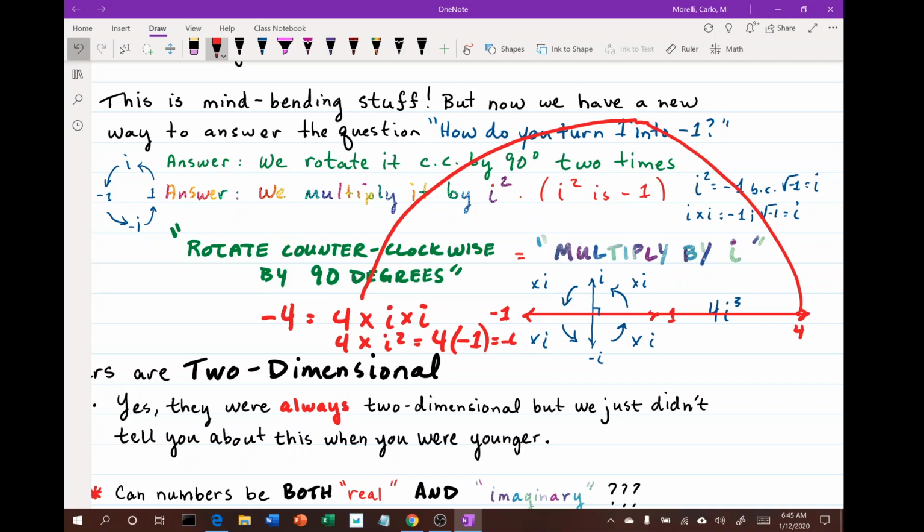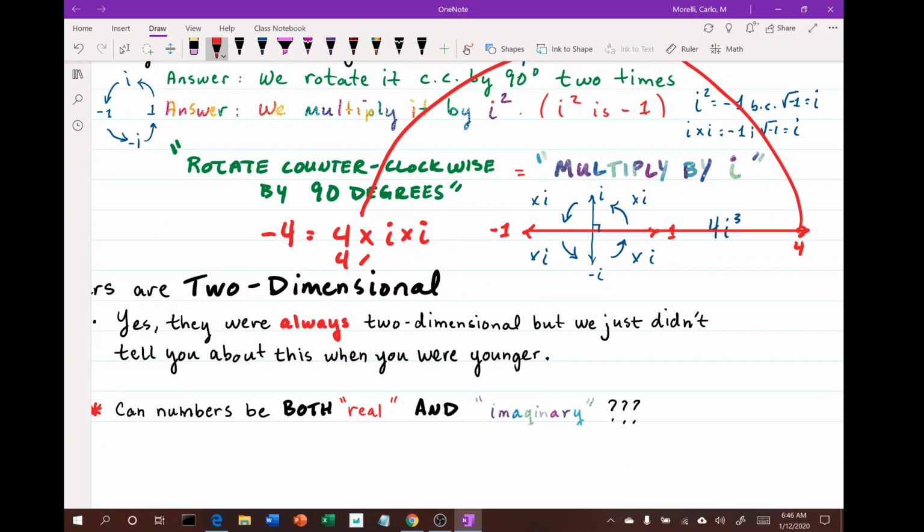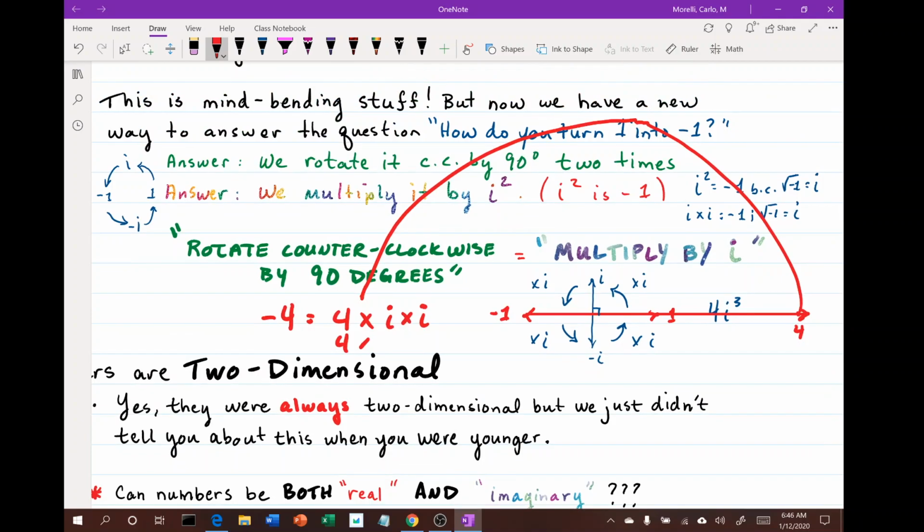Now let's see if I can undo my way out of having written all this mess. Maybe, maybe not. Uh-oh.